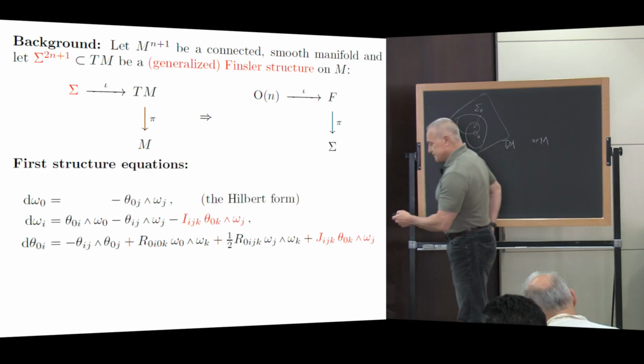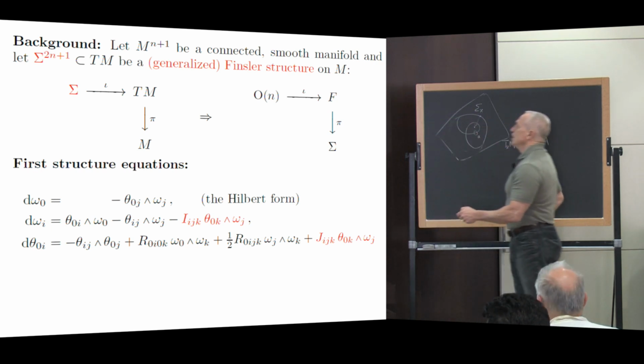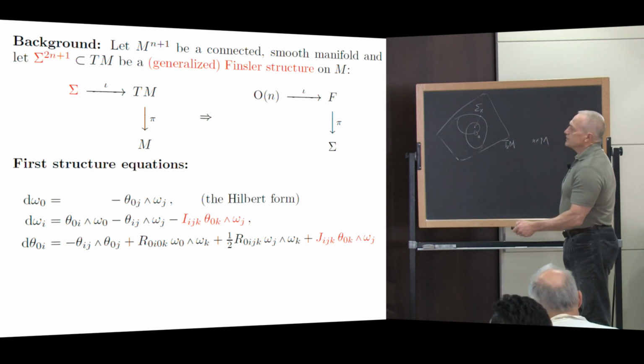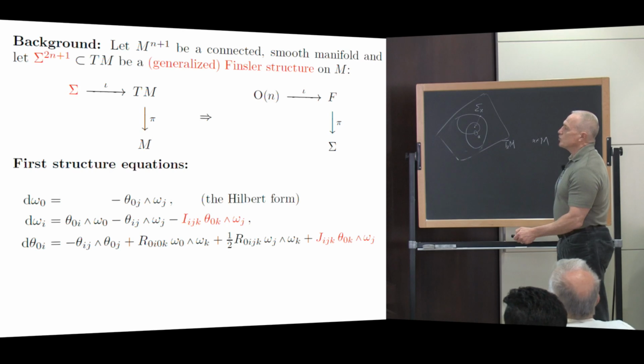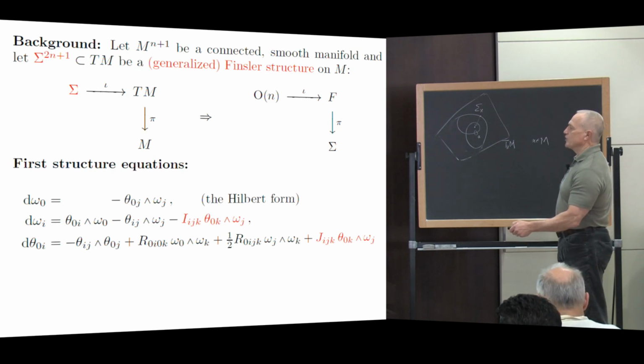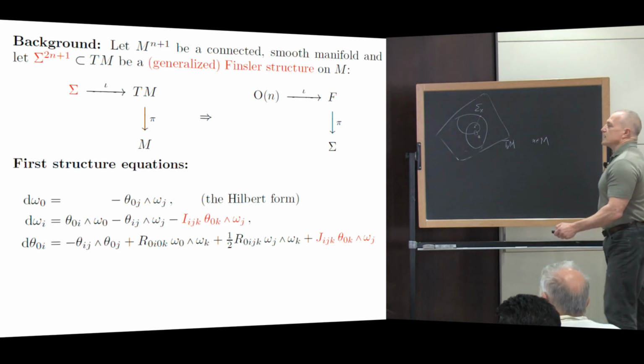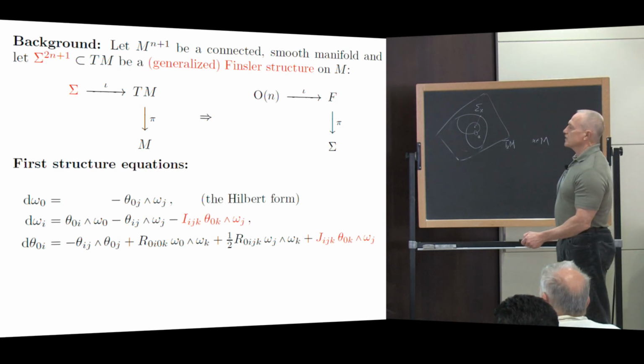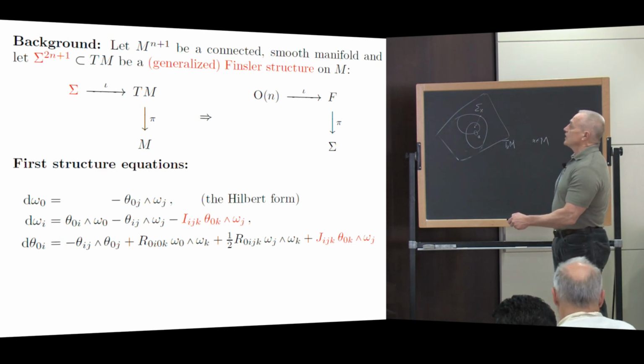But be that as it may, what you can think of is that the forms omega are semi-basic for the projection to M. They measure motion in the base manifold, the point space as people call it, and the forms theta 0j are also basic for the projection to sigma.